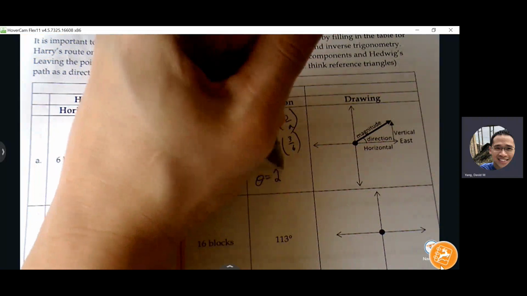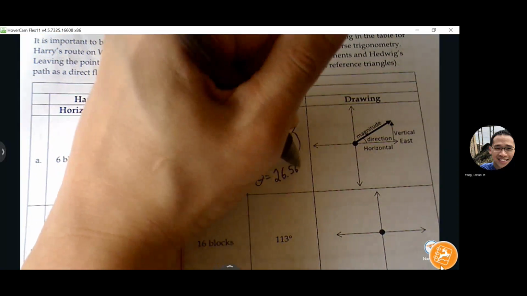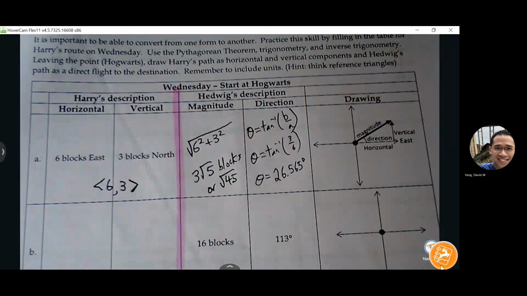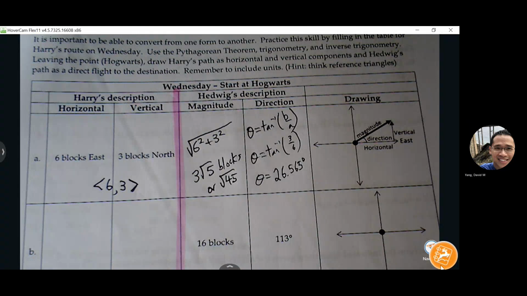Any adjustment needed with theta? Yeah, keep it. First quadrant.